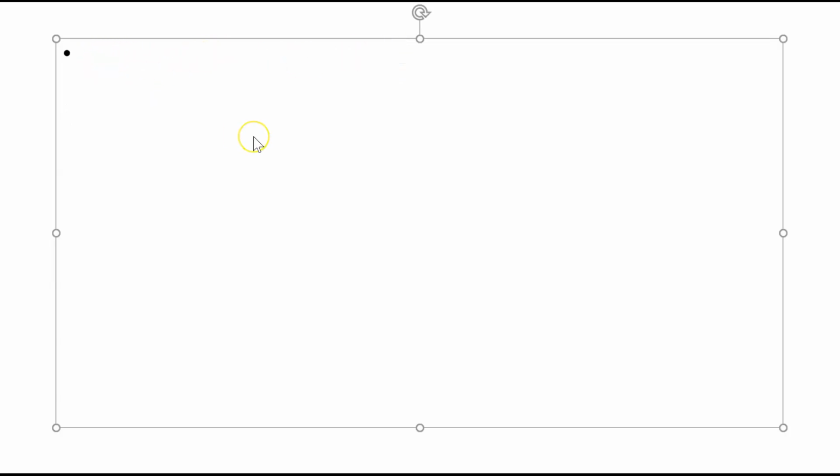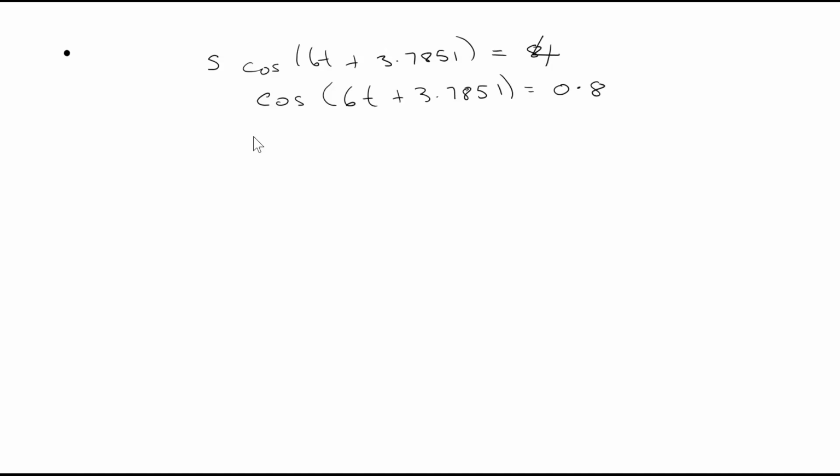Right, so what we've got to do now is we are solving 5 cos 6t plus 3.7851 equals 4. Immediately you can divide both sides by 5, so we've got cos 6t plus 3.7851 equals 4 over 5, which is 0.8.